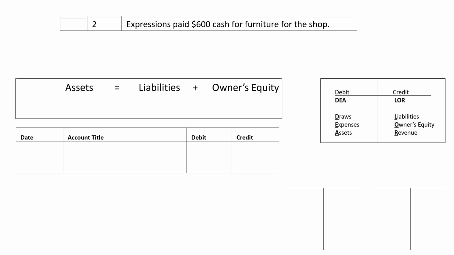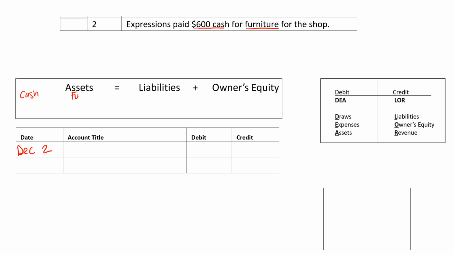December 2nd, Expressions paid $600 cash for furniture for the shop. So this is December 2nd. Cash and furniture are the 2 accounts that are being affected. These both happen to be assets. So when we're looking at our accounting equation, the effects of this transaction are both on the asset side.